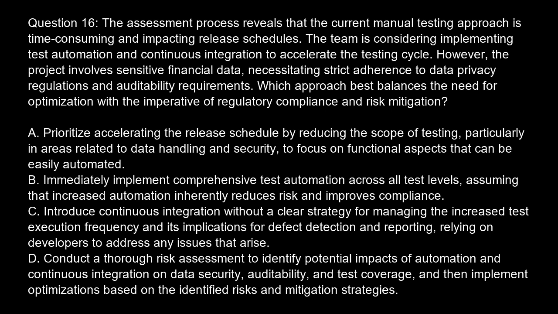Option C. Introduce continuous integration without a clear strategy for managing the increased test execution frequency and its implications for defect detection and reporting, relying on developers to address any issues that arise. Option D. Conduct a thorough risk assessment to identify potential impacts of automation and continuous integration on data security, auditability, and test coverage, and then implement optimizations based on the identified risks and mitigation strategies.